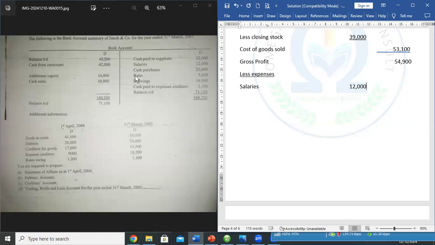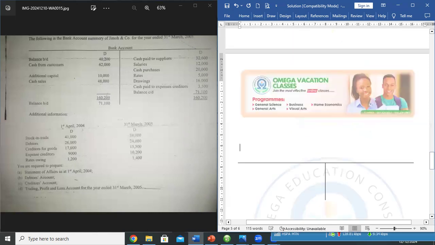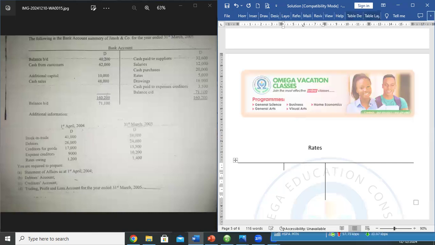The next will be the rates. So it is important that we go and prepare the rates account. I think having gone through the expense account with you, this should not be a problem. So rates, what do you need? You need the opening balance, how much was paid during the year, and the closing balance. So the opening balance here is an owing.